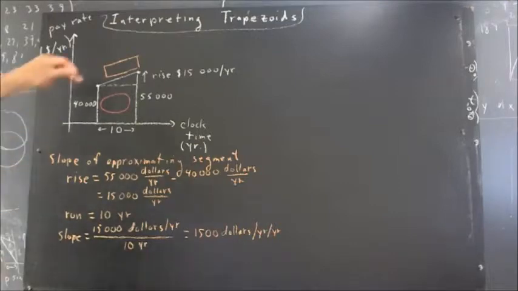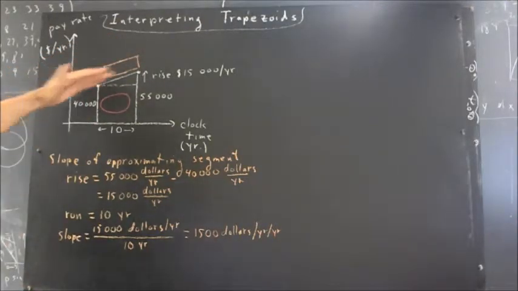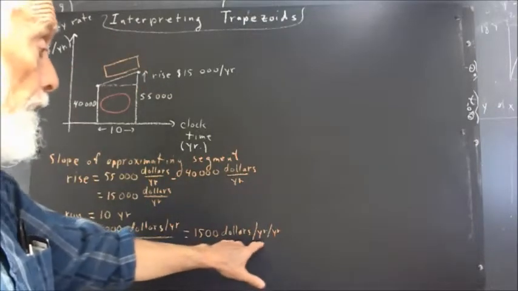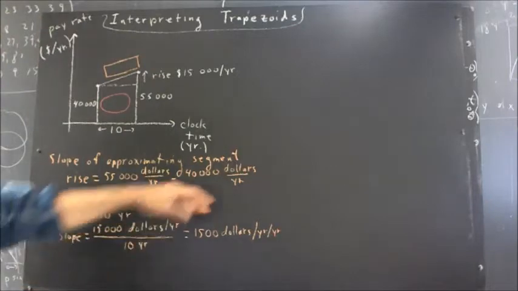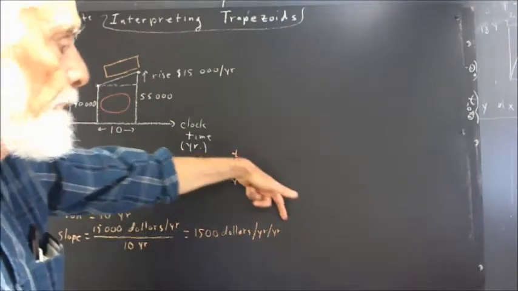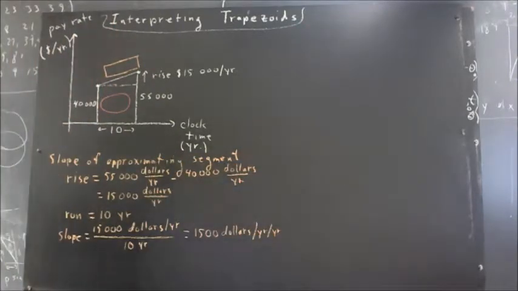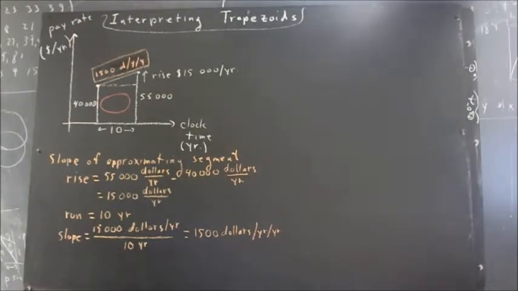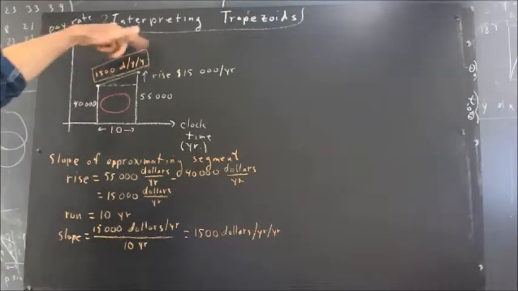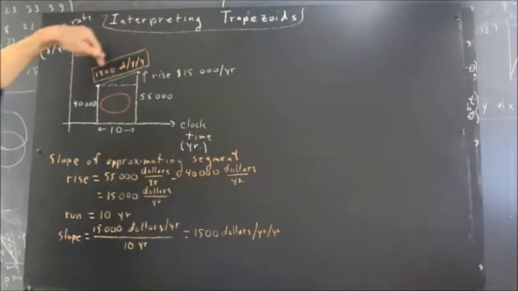We don't know anything about how the pay changes from here to here, but on the average, it's going up $1,500 per year. You get an extra $1,500 per year every year. Okay. Now I've abbreviated that somewhat and had to make my box a little larger. I knew I hadn't made it large enough.